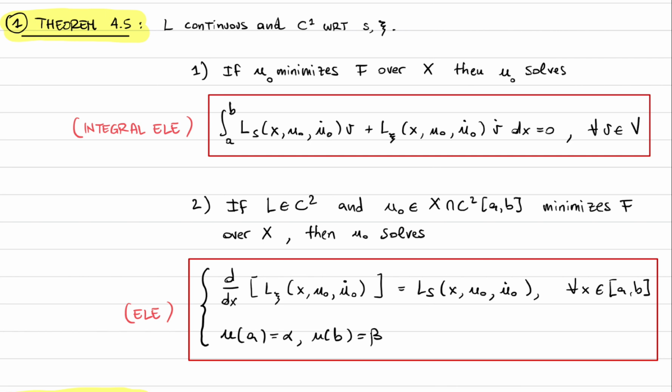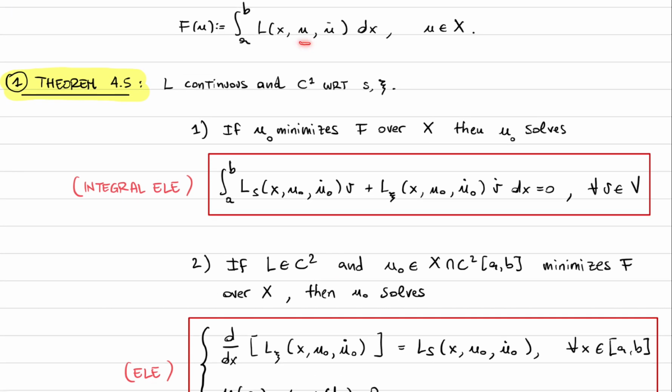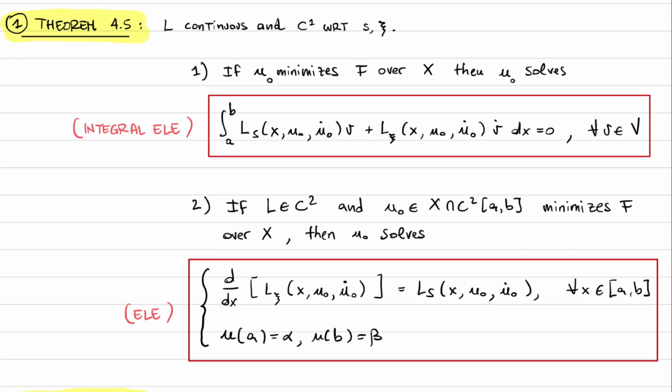So suppose that the Lagrangian L is continuous and is C1 with respect to s and psi, so the two variables where basically you plug the unknown function u. Then we have 1, that if u0 minimizes F over X, then u0 solves the integral form of the Euler-Lagrange equation, which was given by this expression here.